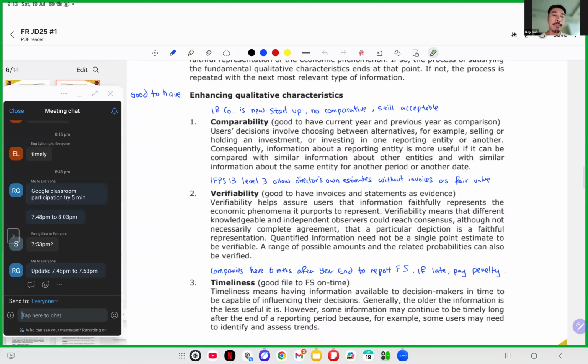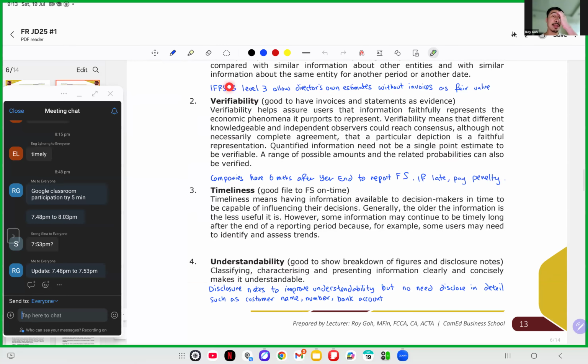Chapter 2, good to have invoices as an evidence. Now look at my handwriting. IFRS 13, level 3 says, the director's own estimate without invoices, they are still acceptable. Do you see that?